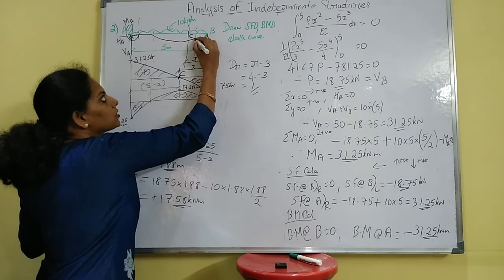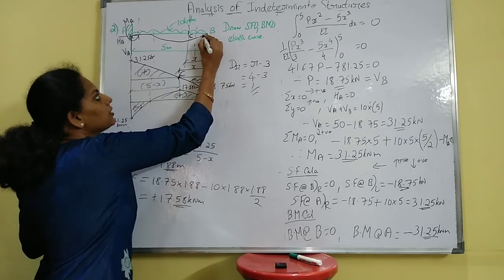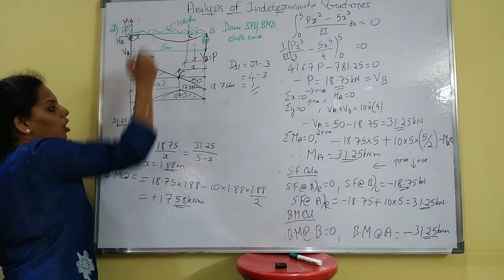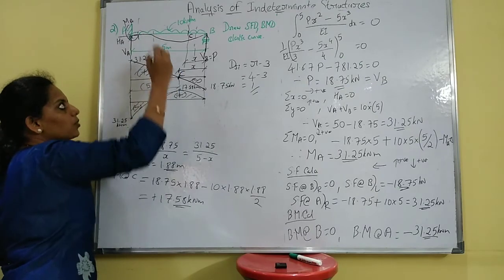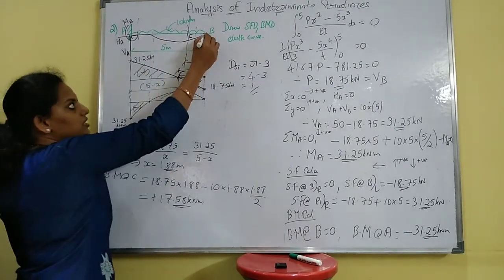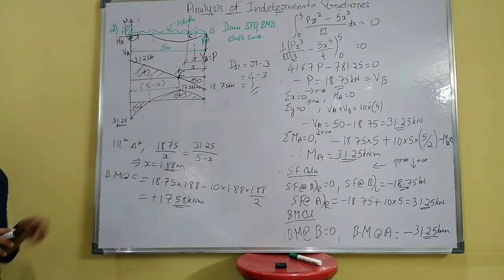So using this bending moment diagram you can draw this elastic curve. So this is your elastic curve. Here you have hogging, that is negative, and this is positive. From that point you will have positive bending moment, and this point is 0. So this is your elastic curve.